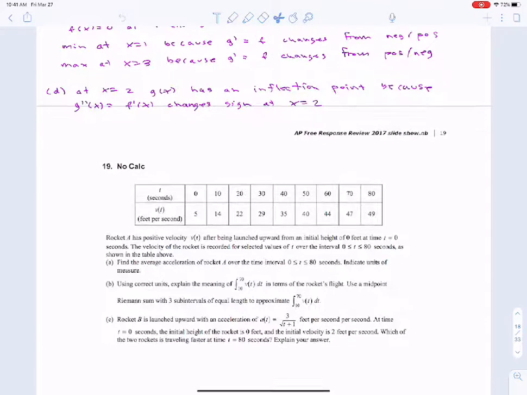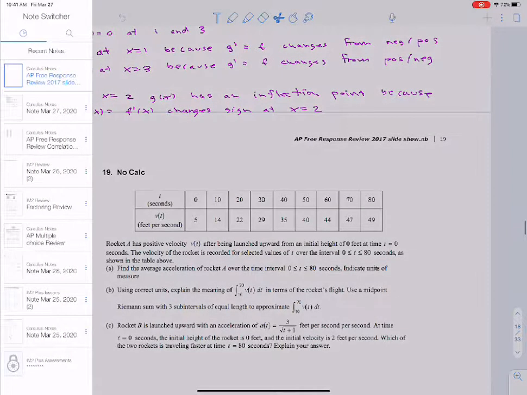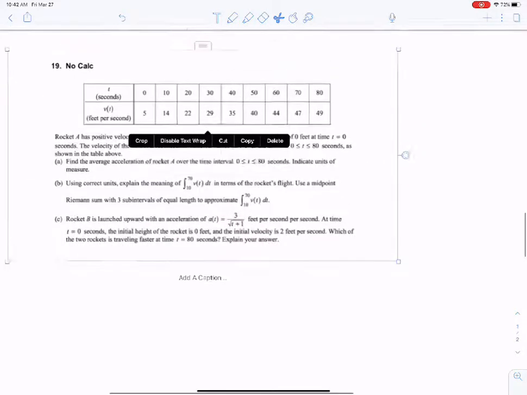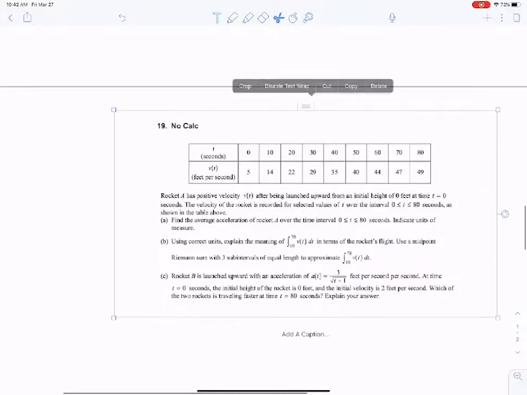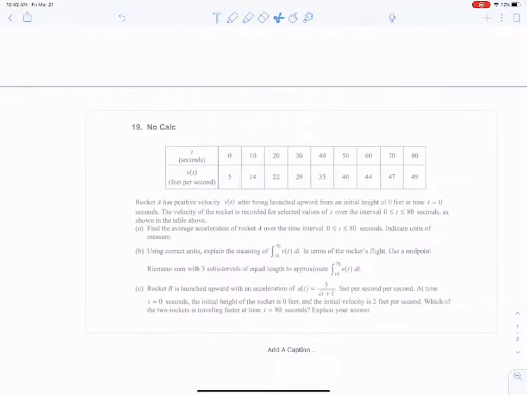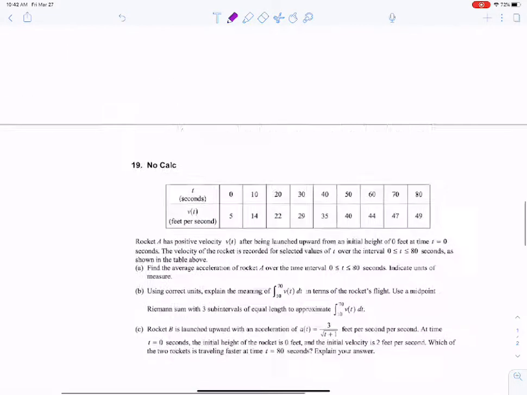So let me go and grab that. 19 first and 20. Okay, perfect. Yeah, that's what I thought. Let's go here. Let's paste that. Perfect. Okay. Let's see what we got here.